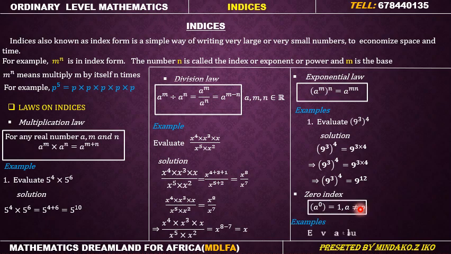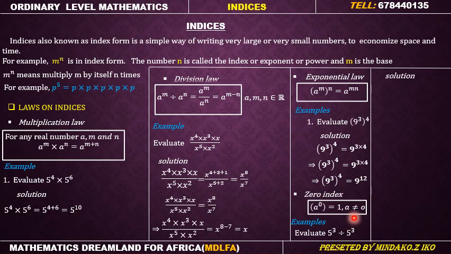All right, if we look at an example under this, evaluate 5 to the power 3 divided by 5 to the power 3. You notice that we are applying two laws here: the division law and the zero index law.